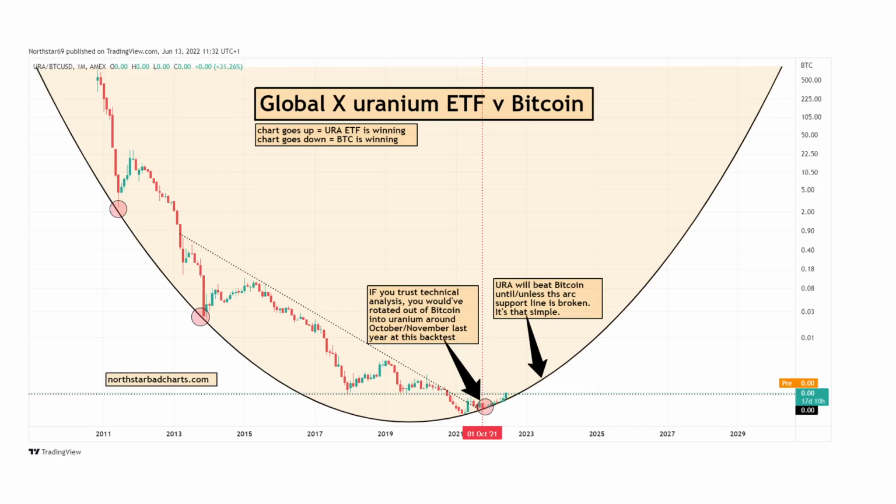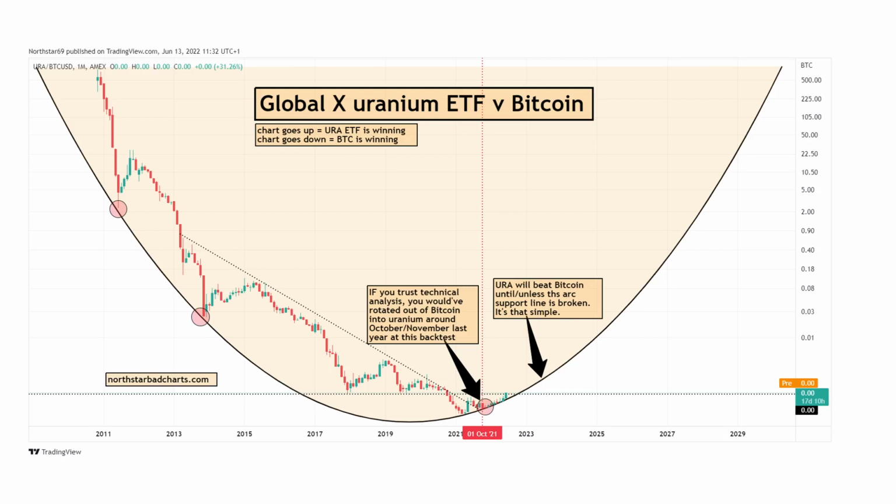Is this going to be our future, where we start to come back up on this curve? It says, if you trust technical analysis, you would have rotated out of Bitcoin into uranium around October, November last year at this backtest. URA will beat Bitcoin unless this ARC support line is broken. It's that simple, and I think he's right.